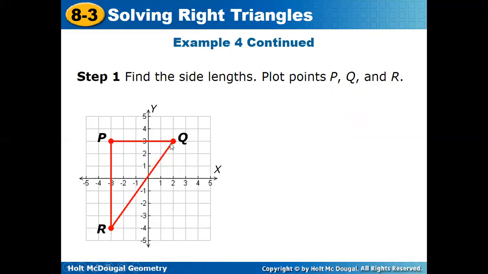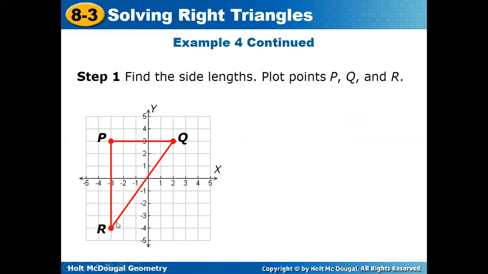PQ is 1, 2, 3, 4, 5 units, and PR is 1, 2, 3, 4, 5, 6, 7.